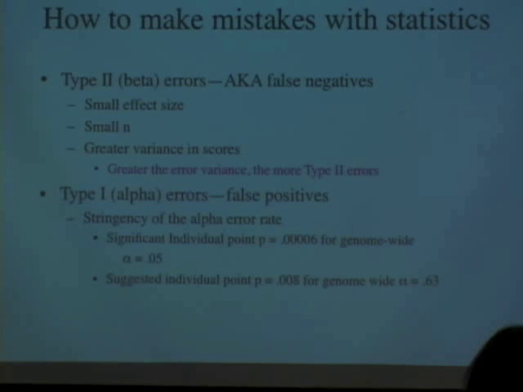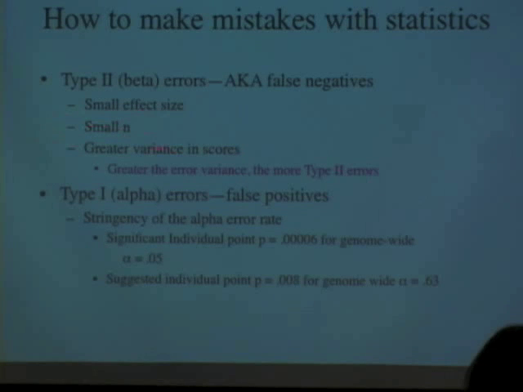This is when you should say there's a relationship or should say there's an effect, and you don't find one. Okay? So if you have a small effect size, you'll make one of these type 2 or beta errors. So in our instance, if we have genes that account for a small proportion of the variance, we may miss them, okay, because their effect size just isn't big enough for us to detect.